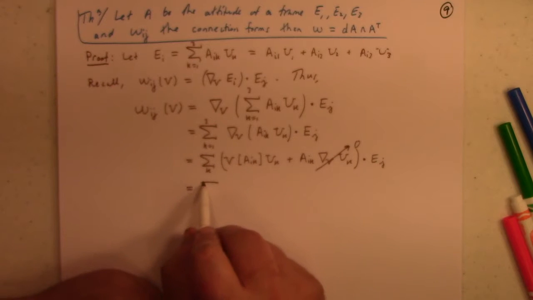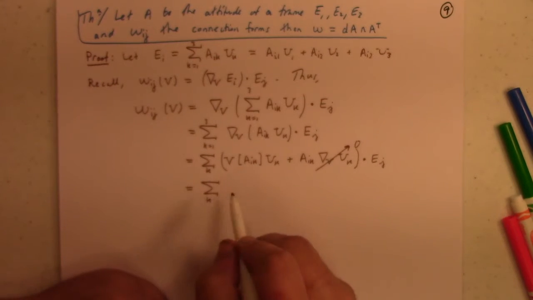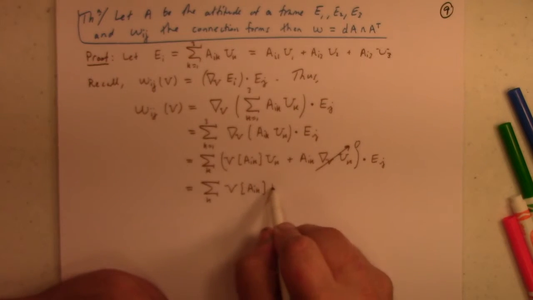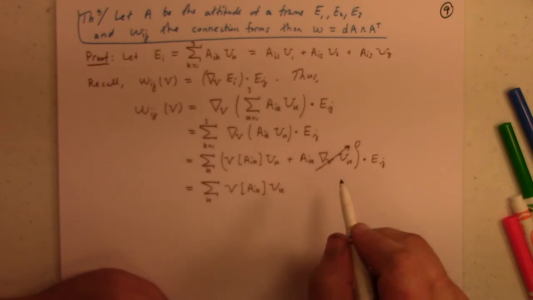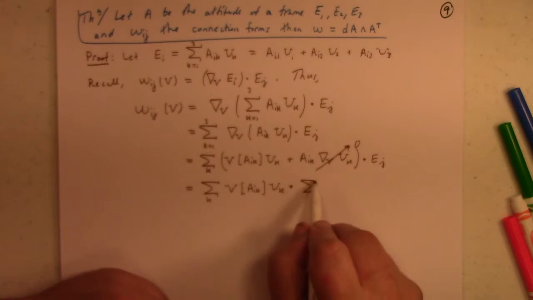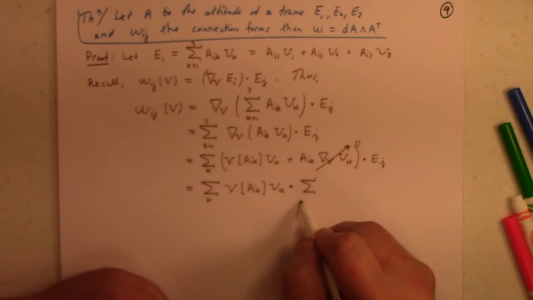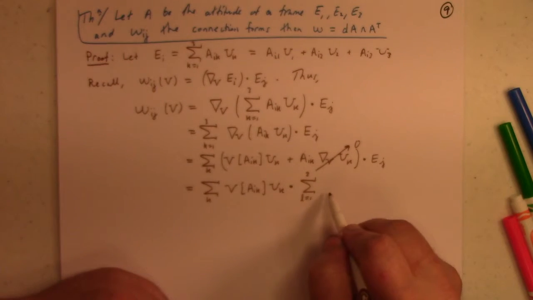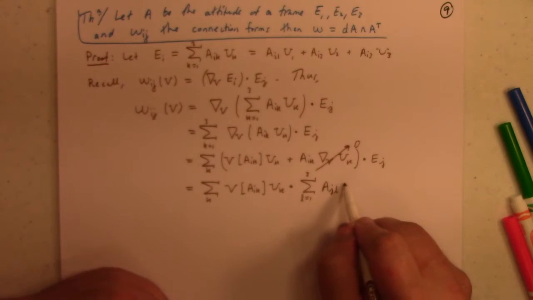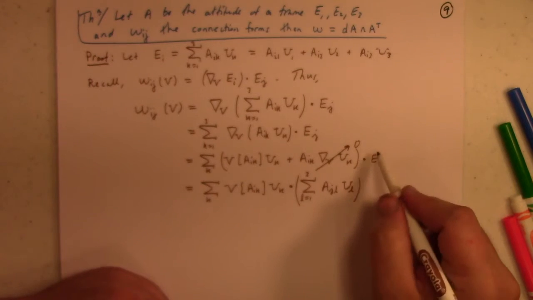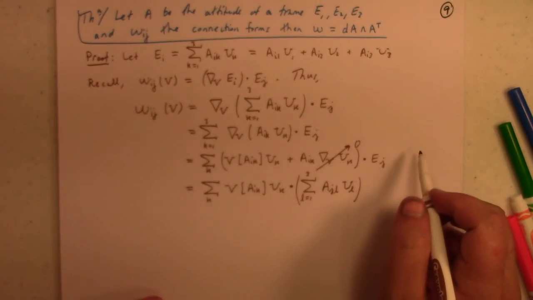So this gives me the sum over k of V A ik, Uk, dotted with what? Well, Ej, and I'll use L, L equals 1 to 3, of A jl Ul. So I'm just using the attitude matrix to expand the Ej.